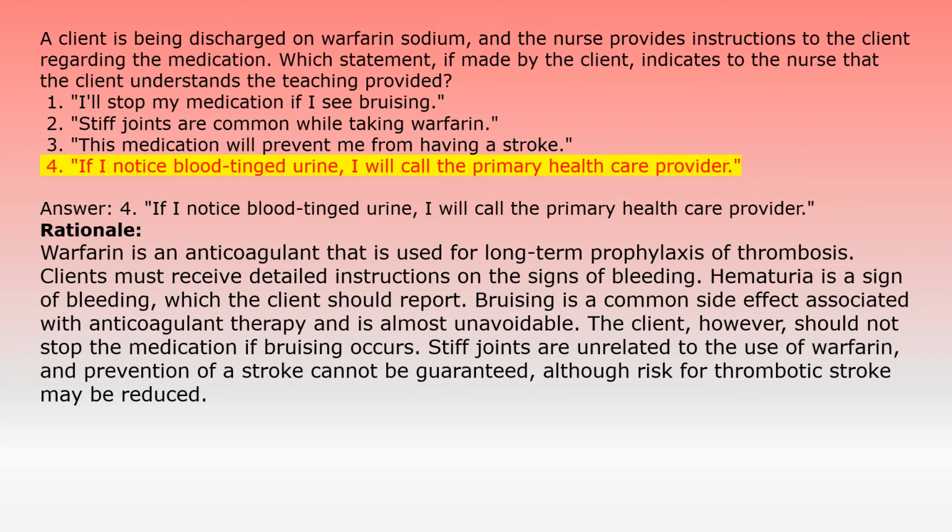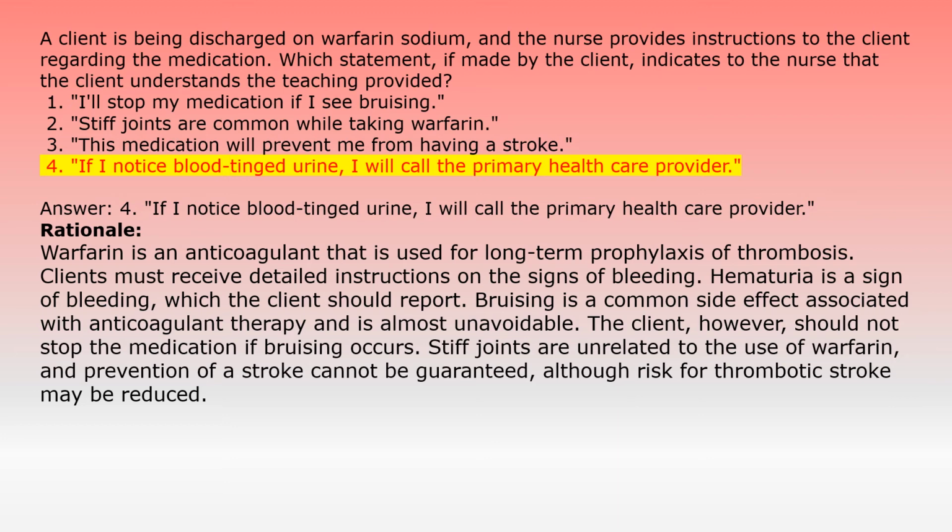Answer. 4. If I notice blood-tinged urine, I will call the primary healthcare provider. Rationale. Warfarin is an anticoagulant that is used for long-term prophylaxis of thrombosis. Clients must receive detailed instructions on the signs of bleeding. Hematuria is a sign of bleeding, which the client should report.